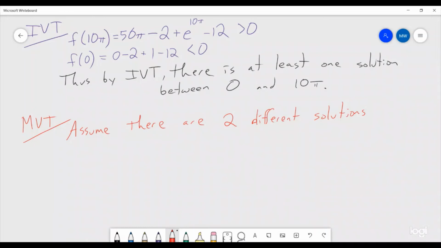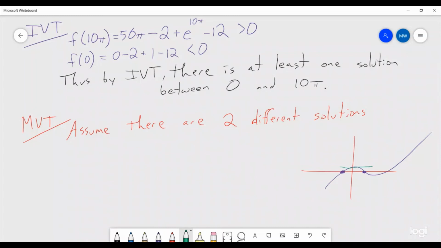So if we assume there's two different solutions, that means that our graph is going to be looking something like this, where we have two solutions, maybe more, but we're just going to take two of the solutions. What can we use the mean value theorem with if we know two different solutions? Well, if this function satisfies the conditions, that means that somewhere between these 2 points, there has to be a spot where the slope is 0.